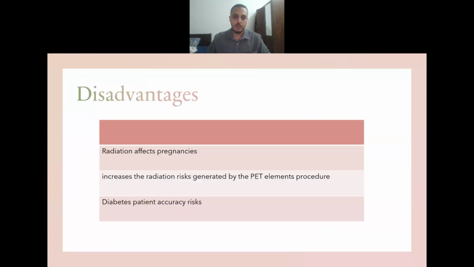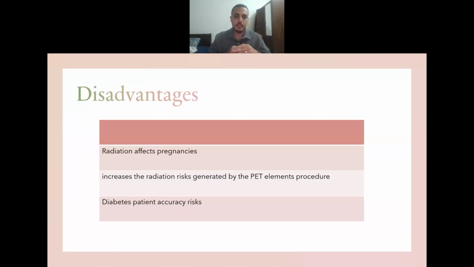So we have the disadvantages of the PET scan. The radiation affects pregnancies, and it increases the radiation risk generated by the procedure, which increases the occurrence of another cancer other than the bone cancer during the patient's exposure to radiation.